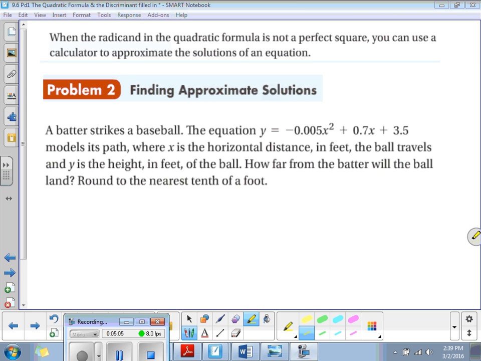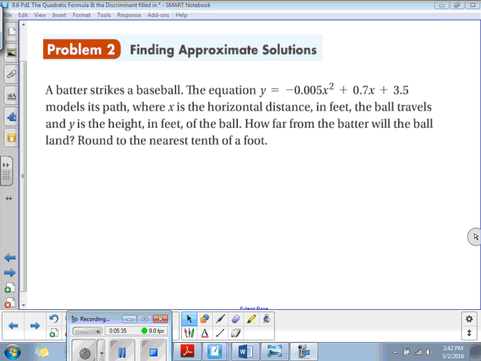The equation y is equal to negative 0.005x squared plus 0.7x plus 3.5 models its path, where x is the horizontal distance in feet the ball travels and y is the height in feet of the ball. How far from the batter will the ball land? And then we want to round to the nearest tenth of a foot.